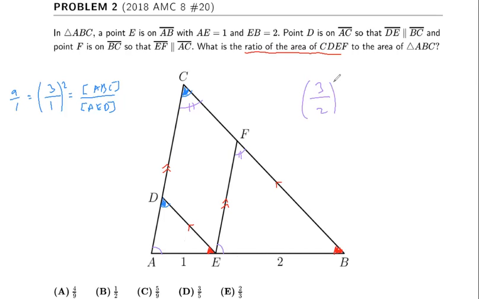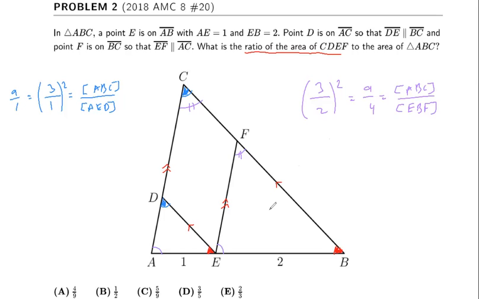But that is the ratio of the similarity. If you square that, you will get 9/4, which is equal to the area of ABC divided by, so ABC is similar to EBF. Okay, I hope that makes sense so far because this is similar to the other one.